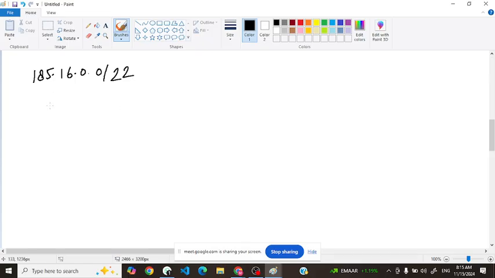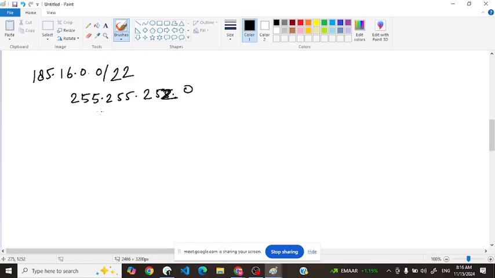Abdul, what will be the subnet mask? 255.255. The third octet should be calculated only up to the 6th bit: 128 plus 64 plus 32 plus 16 plus 8 plus 4, so it's 252. The subnet mask is 255.255.252.0.